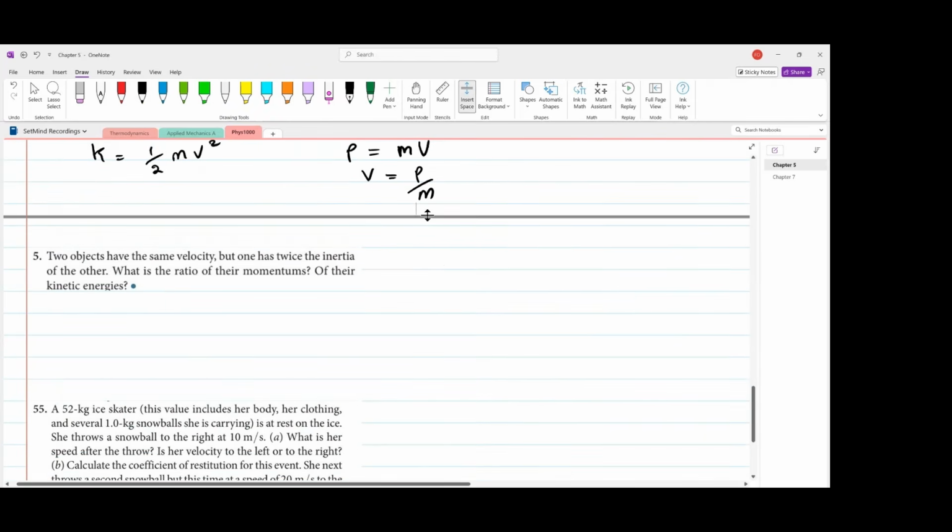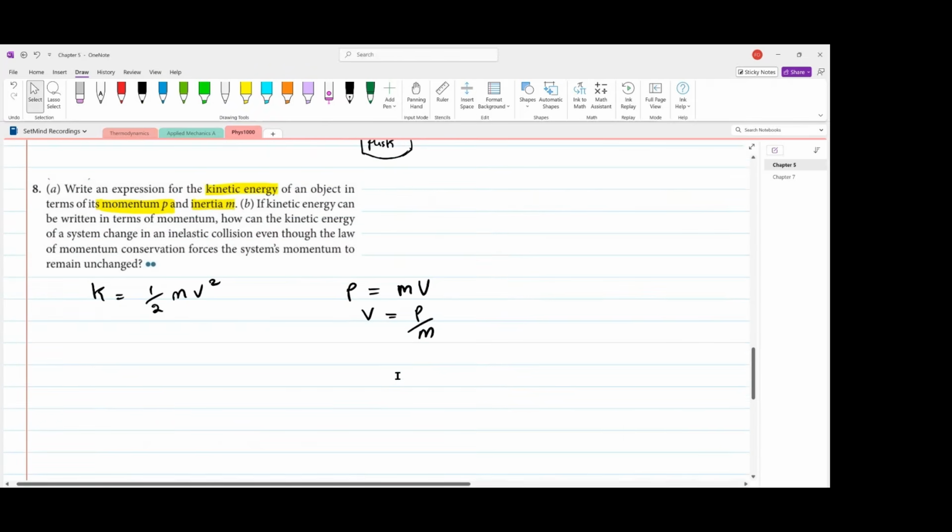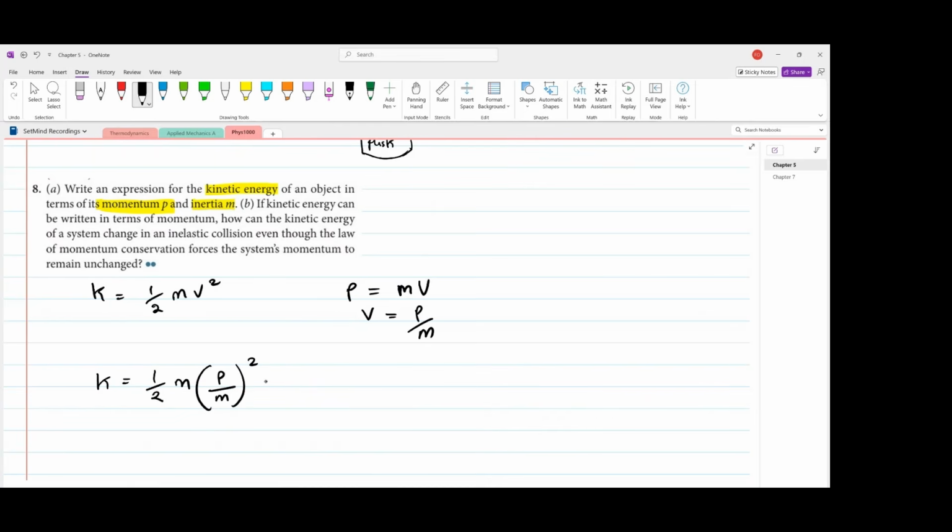So logically, K is now just going to be 1/2 m times (p over m) squared, which becomes 1/2 m times p squared over m squared, which becomes p squared over 2m. So m cancels m squared.